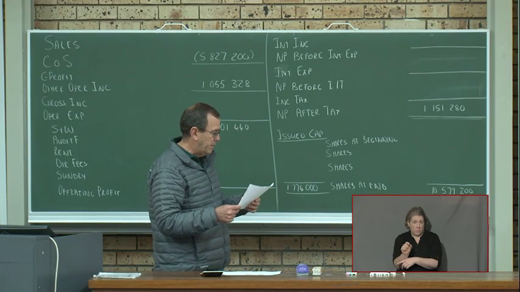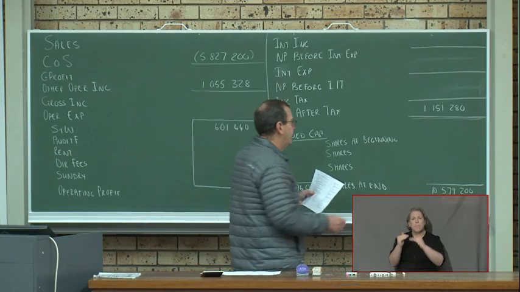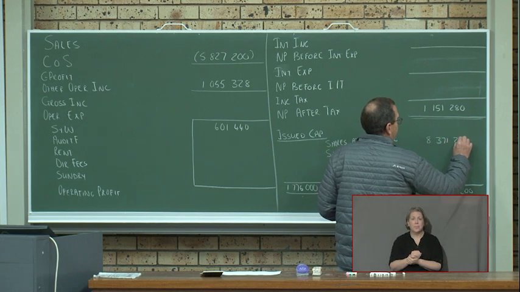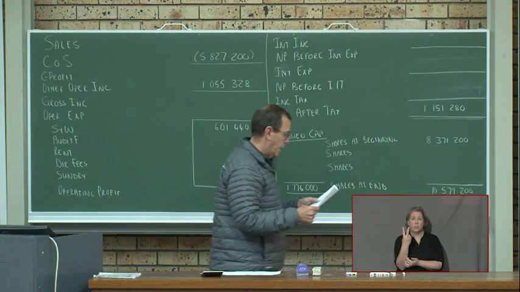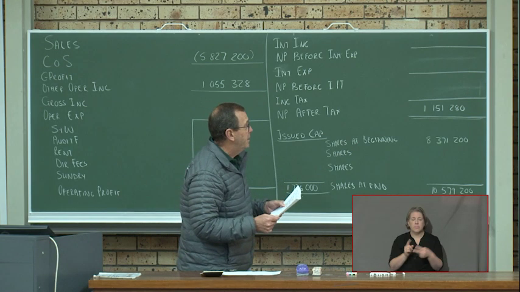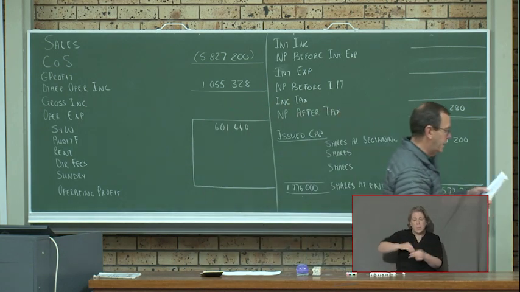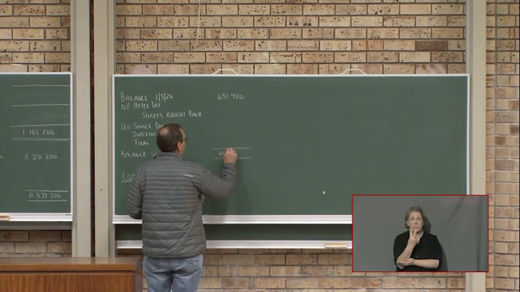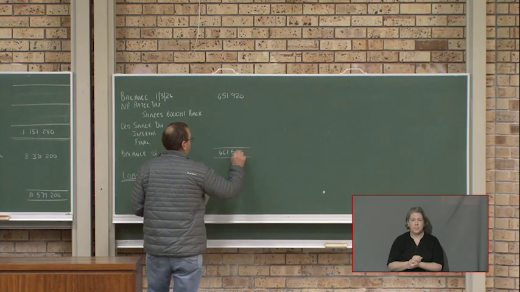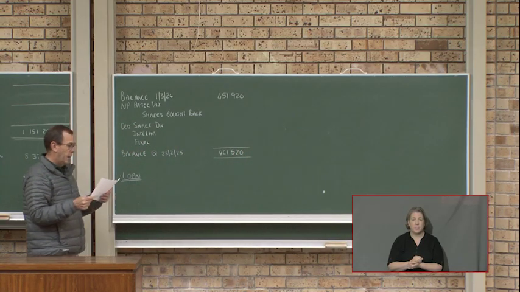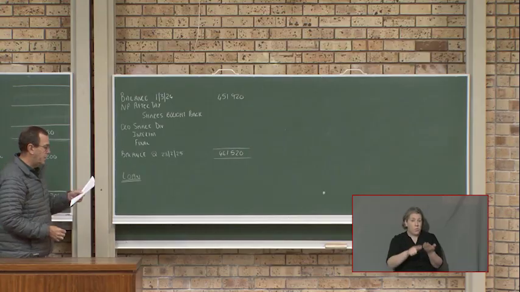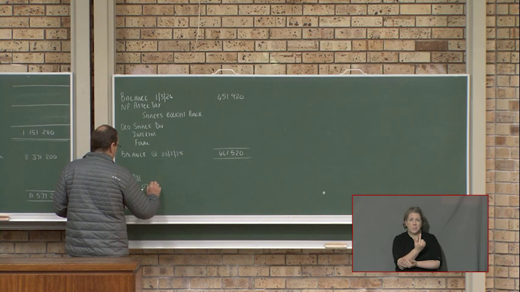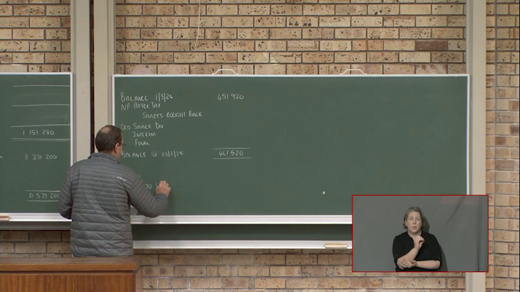In this case, they gave us the opening balance of 8,371,200. They gave us retained income, the opening balance, as well as the closing balance, the 461,520. The loan, they gave us the opening balance, 207,600.